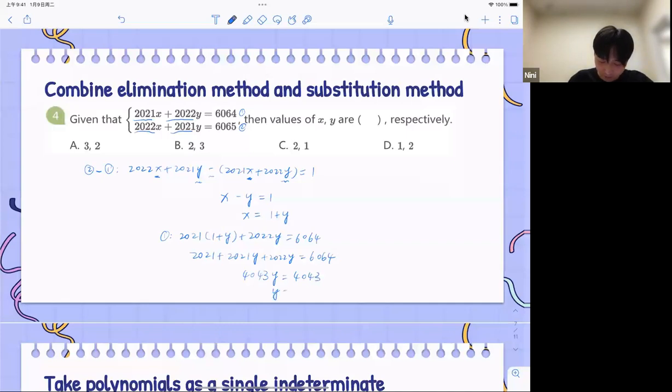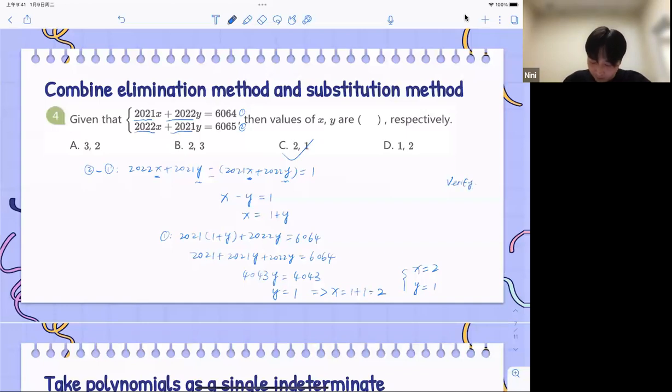That means y is equal to 1. So if y is equal to 1, that means x would be 1 plus y, which is 2. Okay, so do we get any answer as x is equal to 2, y is equal to 1? We got C, right? So it looks like we are finished, but again, don't forget to verify it.